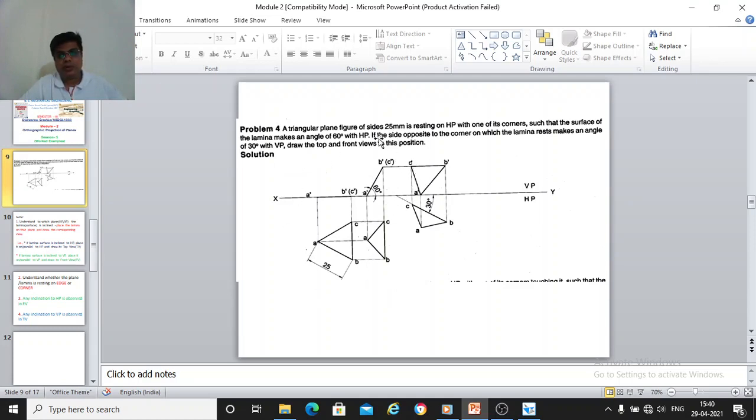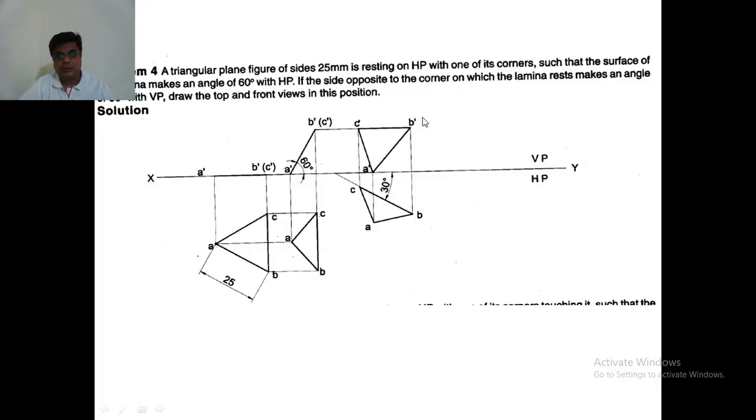Next, one more condition is there here. What is the condition? The side opposite to the corner on which the lamina is resting, this side BC, the side opposite to the corner on which it is resting, this edge makes an angle of 30 degree to VP.